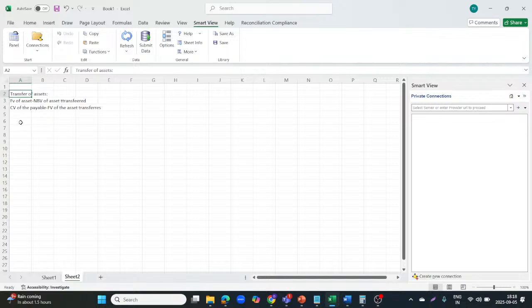Now transfer of equity interest. So debtor gives the creditor stock of the company. So that's a transfer of equity interest.